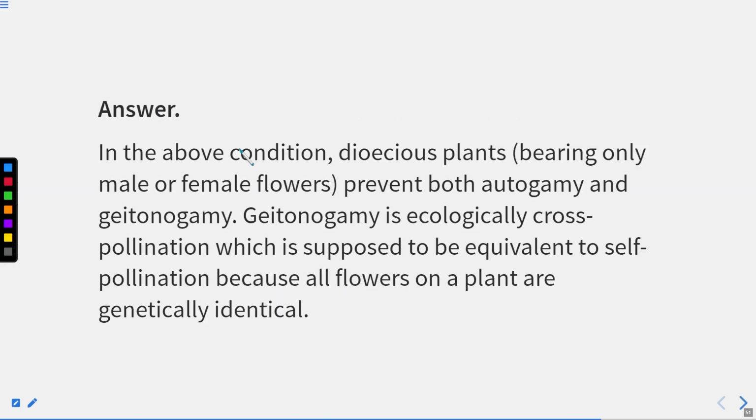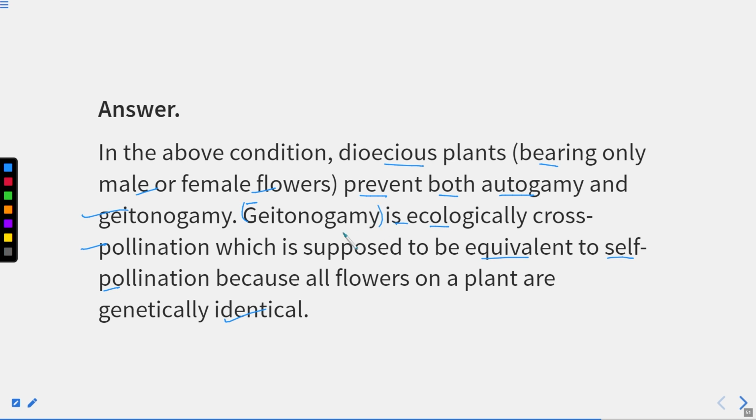Now, in the above conditions, a dioecious plant bearing only the male or the female gametes prevents both autogamy and heterogamy. And heterogamy is ecologically cross-pollination, which is supposed to be equivalent to self-pollination because all flowers on the plant are genetically identical.